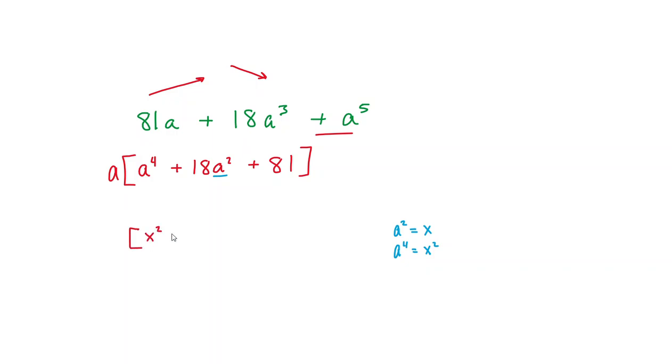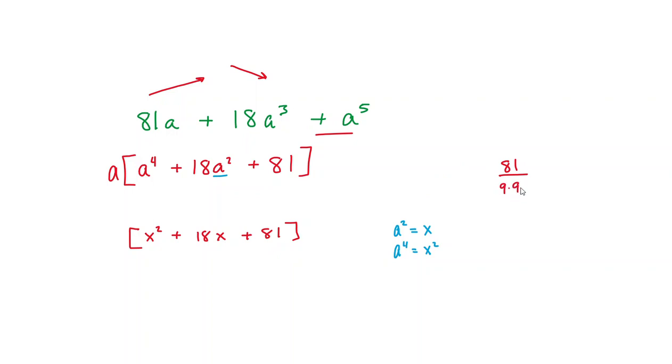So we can rewrite this problem as x squared plus 18x plus 81. And you're allowed to do that, and then we can evaluate it from there, and maybe we can recognize that this is a perfect square. Maybe we'll say, what are the factors of 81 that add up to 18?